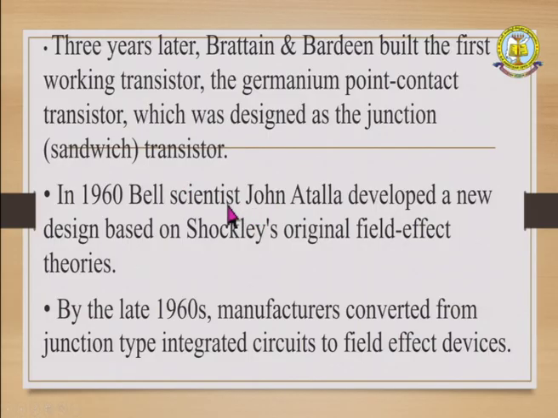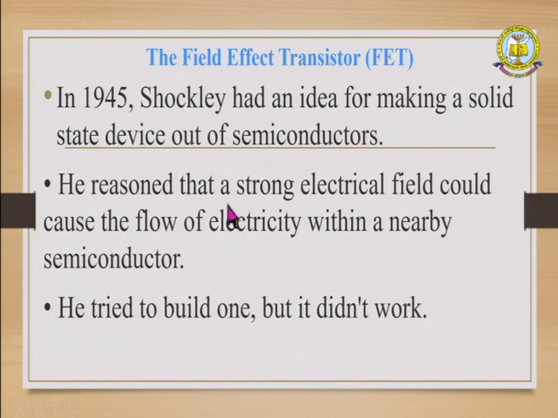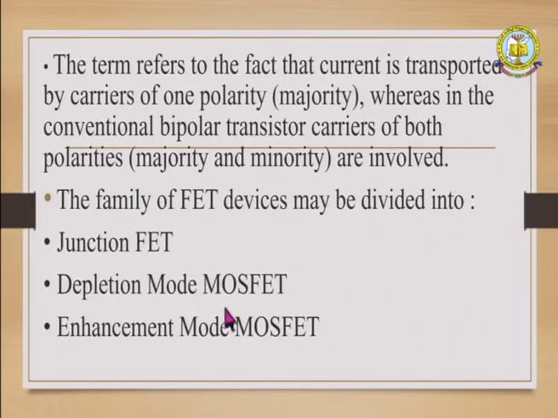Further, the main concept is this field effect transistor circuit. The family of the FET may be divided into different types: the depletion mode MOSFET and the enhancement mode MOSFET.